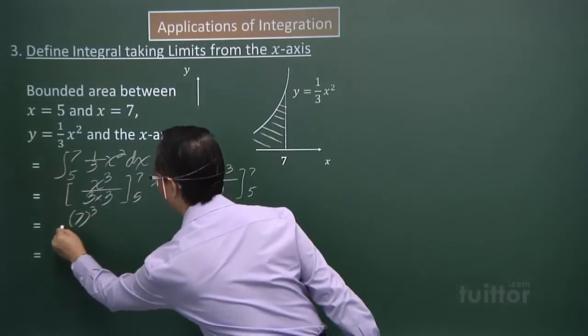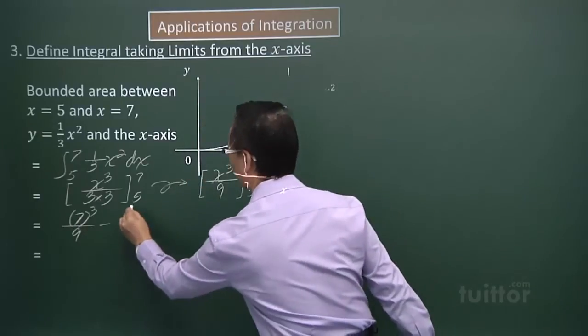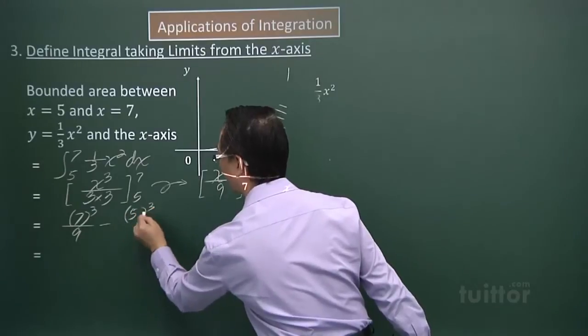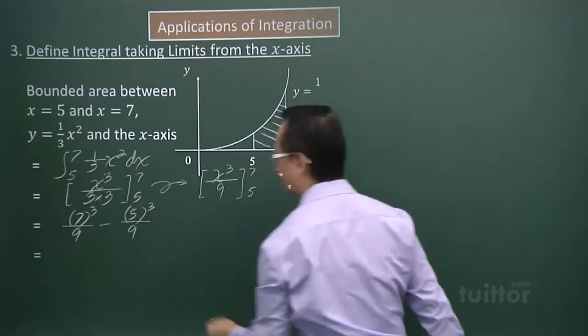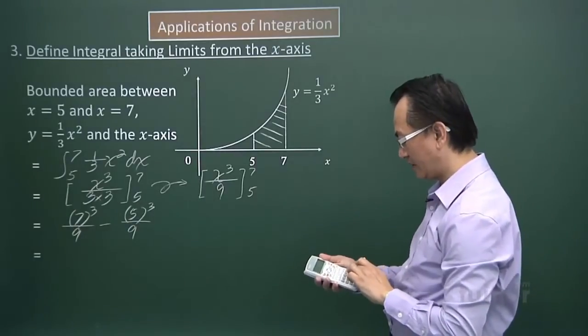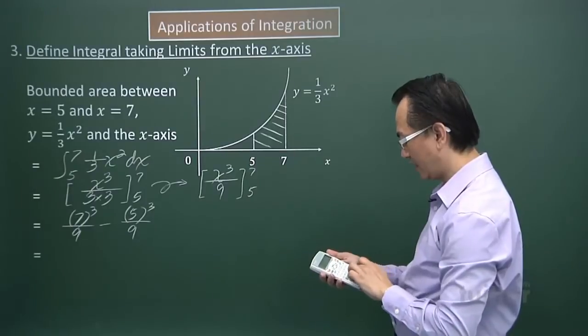So 7 cubed on 9 minus, I have the lower limit put in there, 5 to the power of 3 over 9. So 7 cubed divided by 9 minus 5 cubed divided by 9.